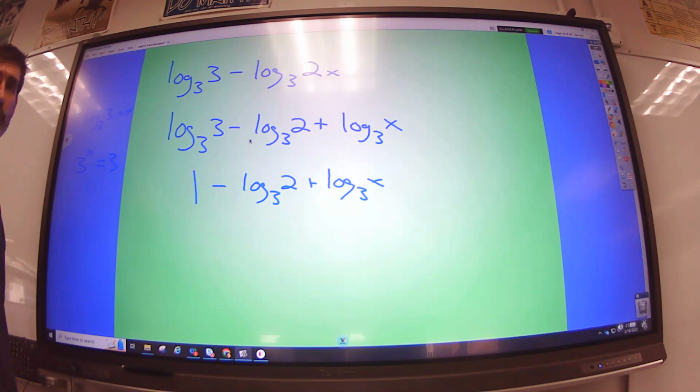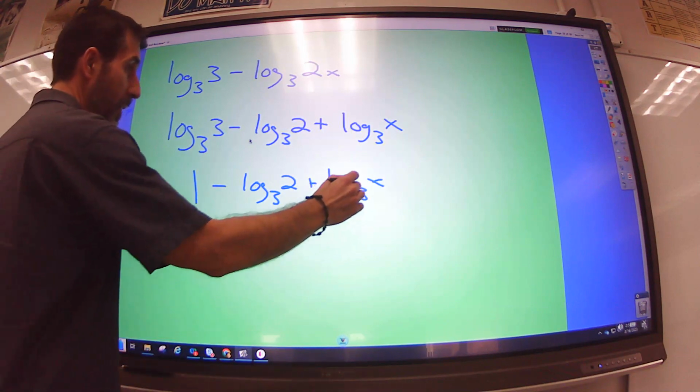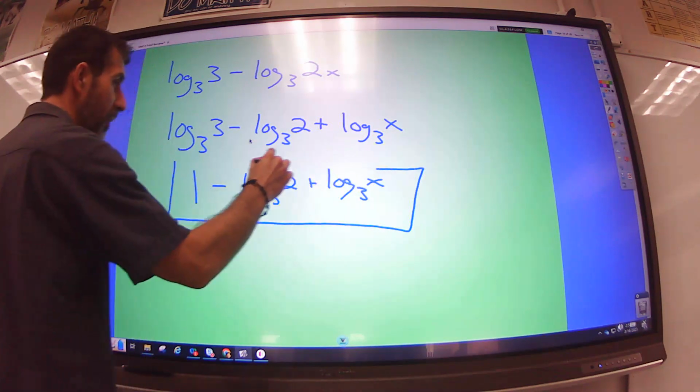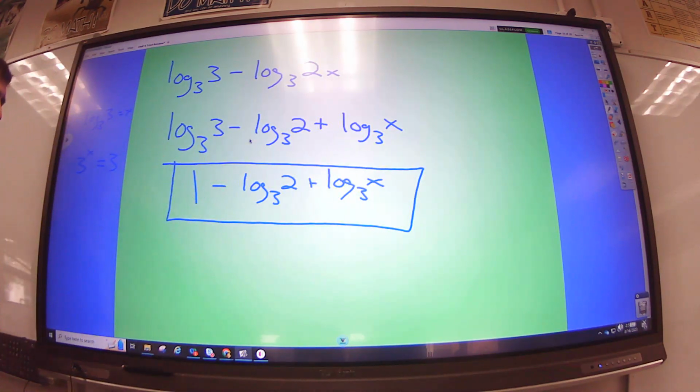Can we simplify even more? Like we turn the log base 3 into its actual number, subtract it from there, and leave it as something? Well, we want to leave it in log form when we expand, because we're just expanding when we're asked to expand.